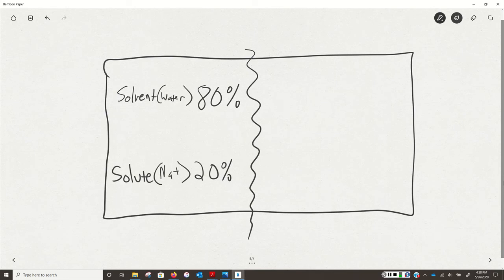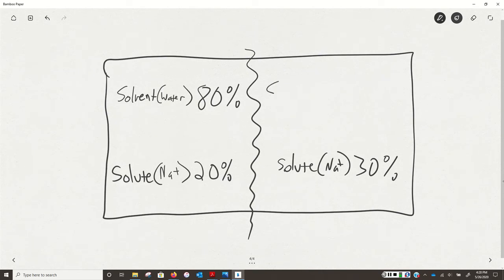But let's say on the other side of this membrane, there is a 30% sodium solution. So that tells me the solute, which again is sodium, there is 30% of that solution is made of sodium.